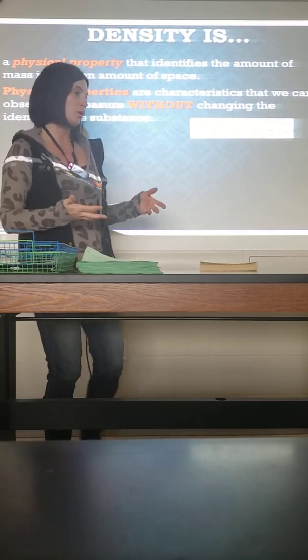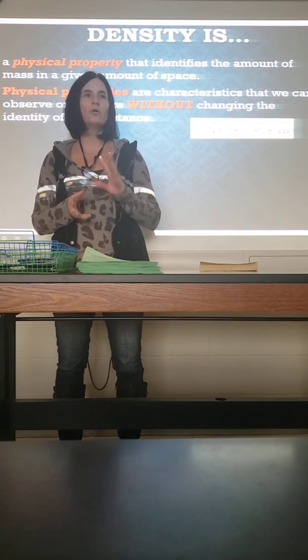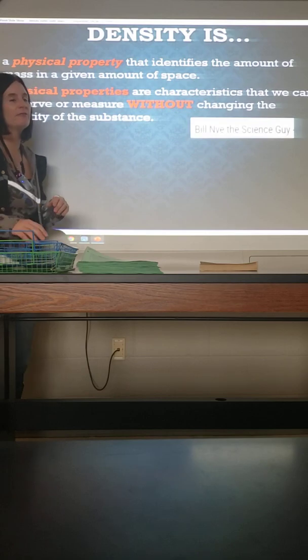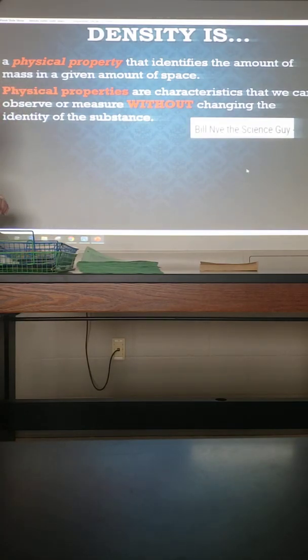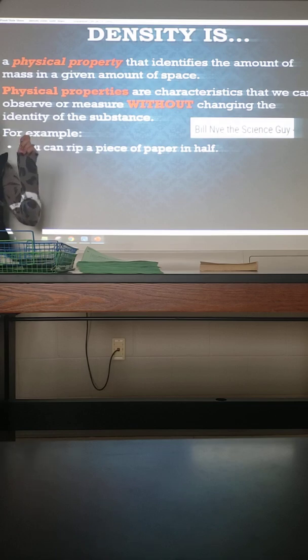If we would change what we're dealing with, that's a chemical change. So we're going to have a whole unit where we talk about physical versus chemical changes, but just understand that density is a physical property. So it's basically describing a certain material or substance. For example, I can take a piece of paper and I can rip it in half. Each piece is still paper, right?